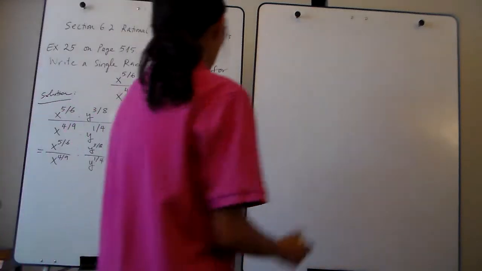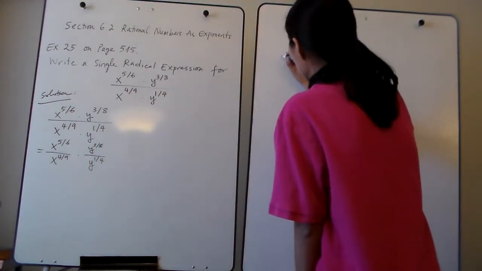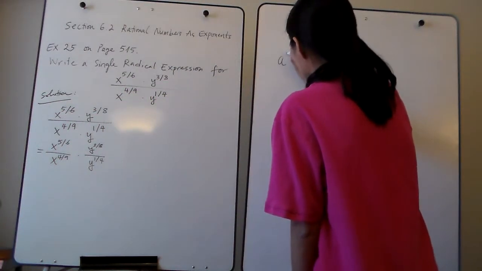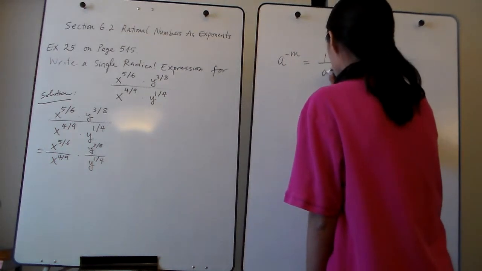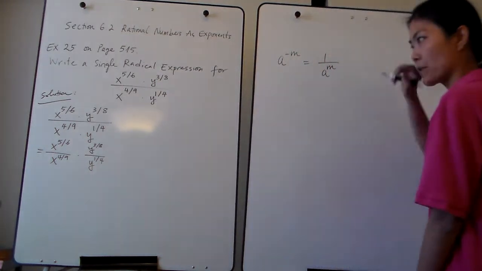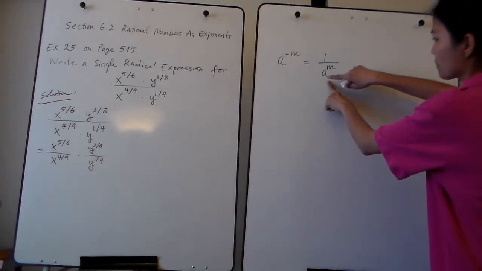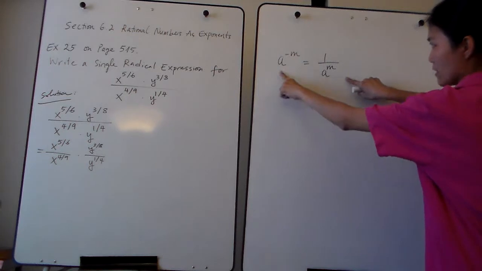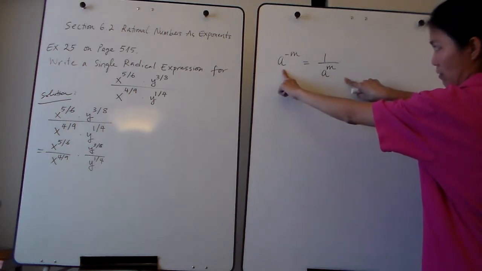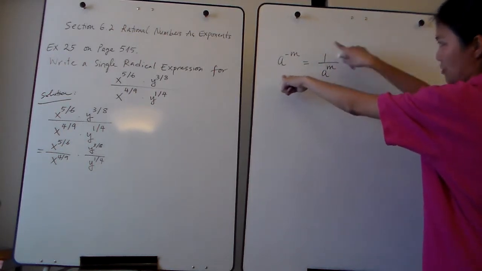Alright, now we have this. We're going to use the rule a raised to negative n is equal to 1 divided by a to the n power. So if we have a to the n in the denominator, we can write it in the numerator with no fraction.